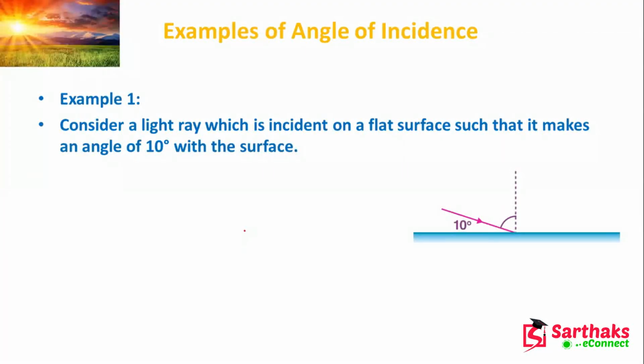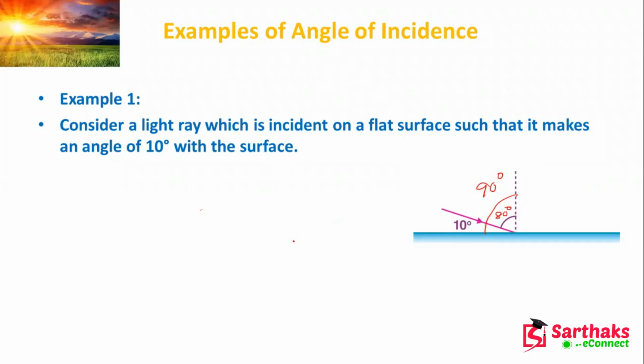Now, one example. Consider a light ray which is incident on a flat surface and it makes 10 degree. Now you know that the total angle is 90 degree. So if this one is only 10 degree, how much is this one? This is 80 degree.